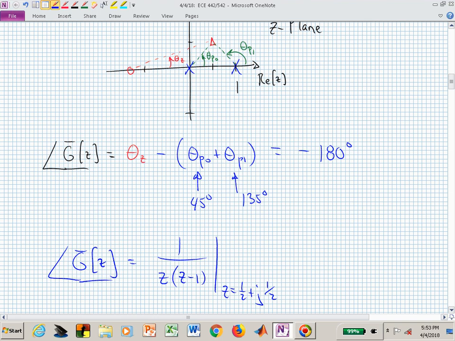Now, I'm not quite sure what you're asking, actually. Say your question again. No, say it again. So what you have calculated, you did what I just did, right? You evaluated g bar of z at z equal to 1/2 plus j 1/2.